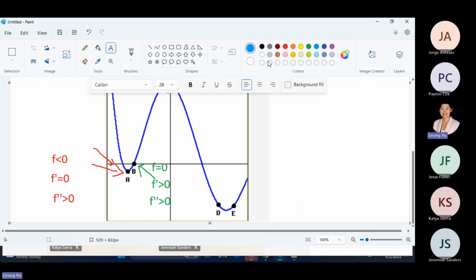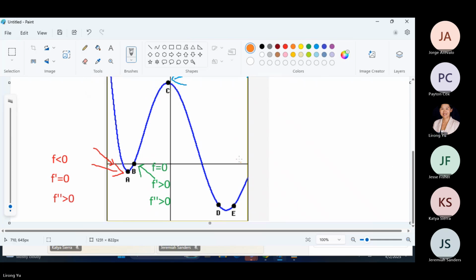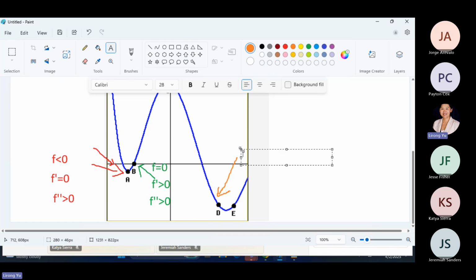And then let's move on to, let's see, D. You can see it's below the horizontal axis, below the x-axis, so the y value, the f, it's negative, so we will have the original function being negative.